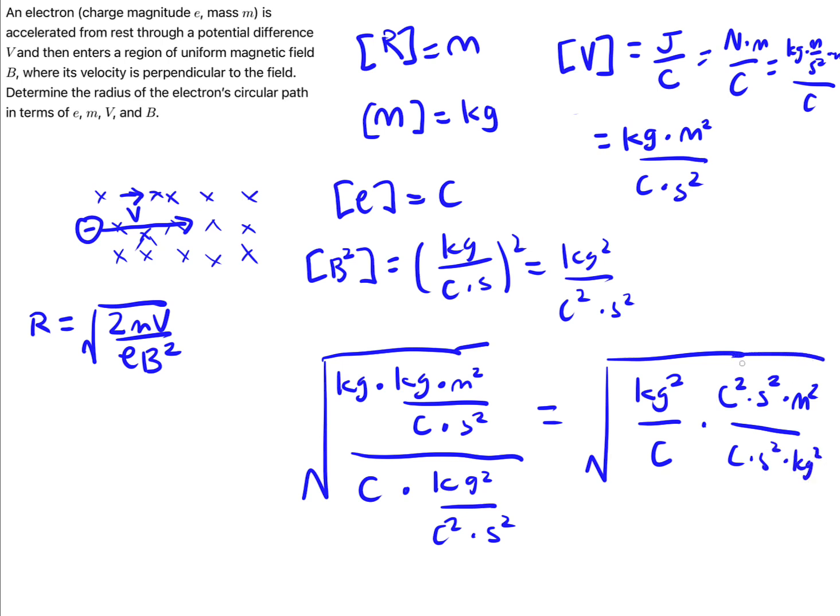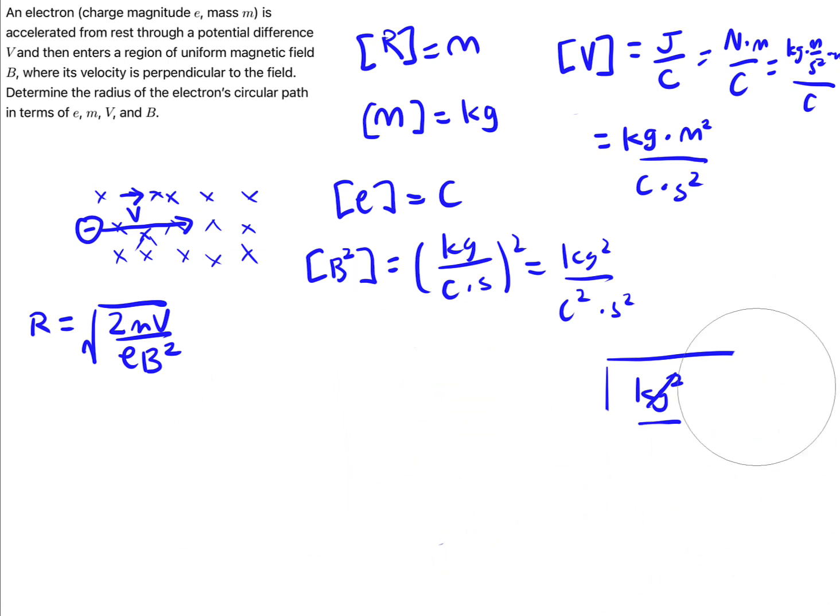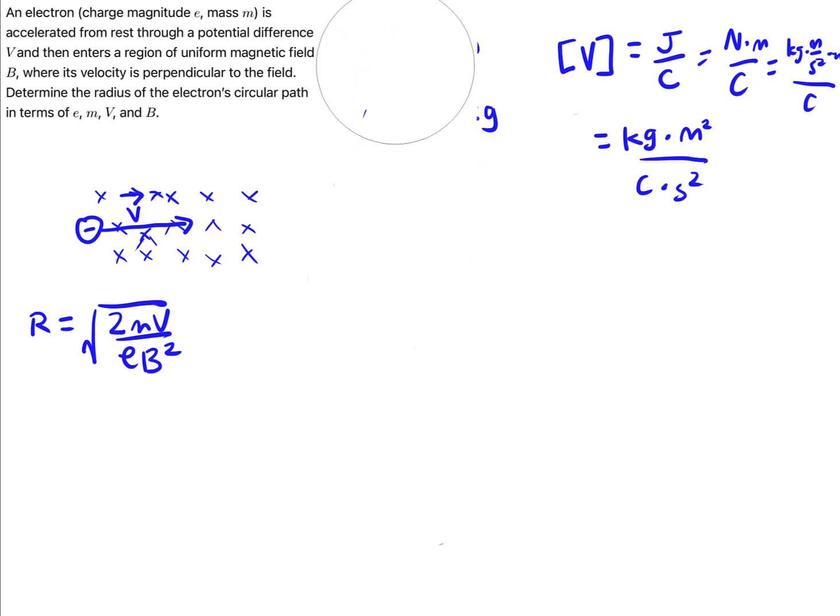Okay, so already we can see some things beginning to cancel. So second squared cancels, kilogram squared cancels, and in the bottom we have 2 coulombs, and that perfectly cancels with coulomb squared. So all we are left with is the square root of m squared, which is just m. So the units of the right hand side are also meters, which checks out with the units of r being meters as well. So our dimensions are consistent, and that gives us more confidence in this answer.